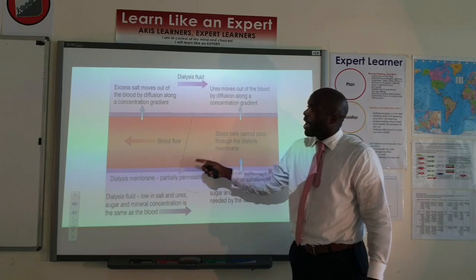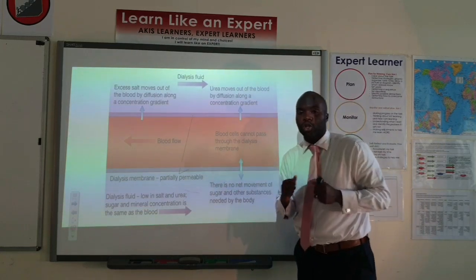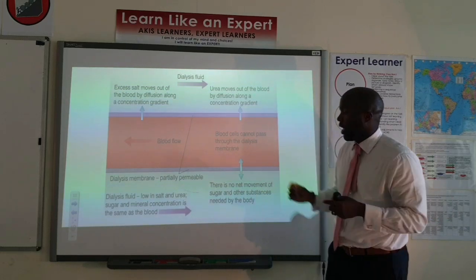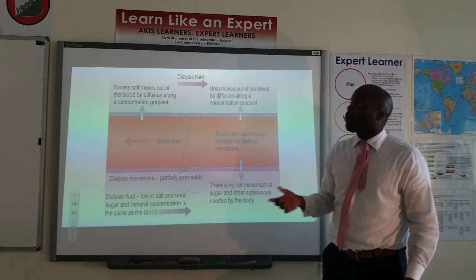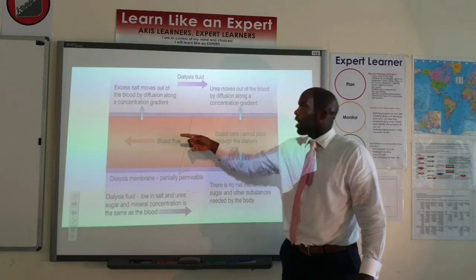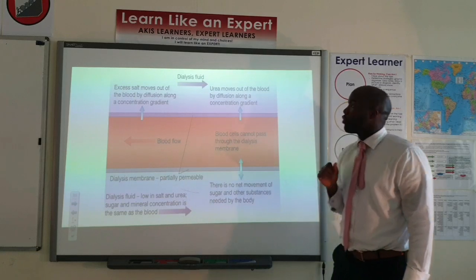This dialysis fluid is essentially what is going to allow the diffusion of urea and salts, etc. So let's look at it. Any excess salt moves out of the blood because there's a higher concentration of salt inside the blood here compared to here. So the salt will diffuse down its concentration gradient.